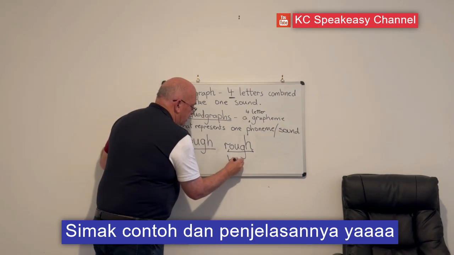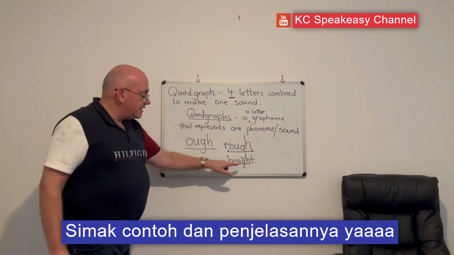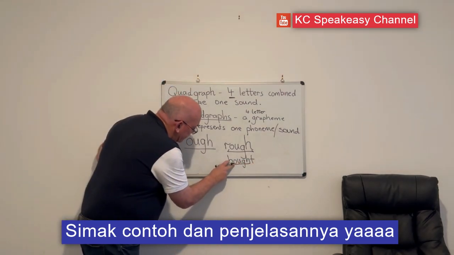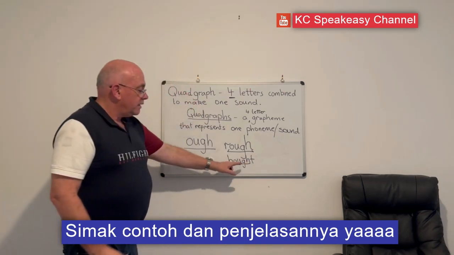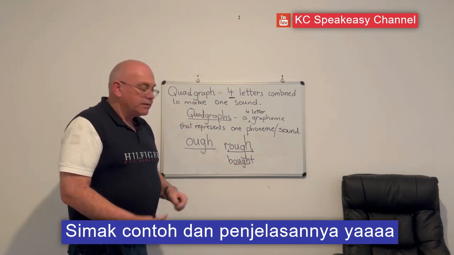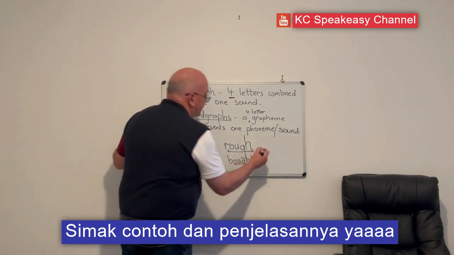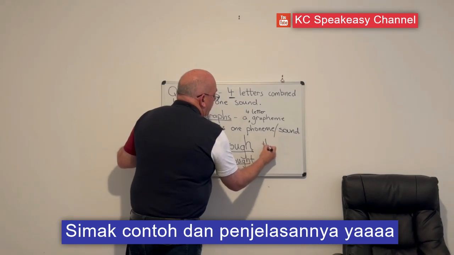Bought. There it is there, O-U-G-H. So now it's in the middle of the word. I went and bought some rice at the market. Bought. And the last one, thought.